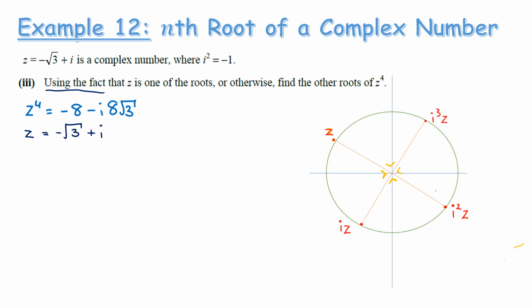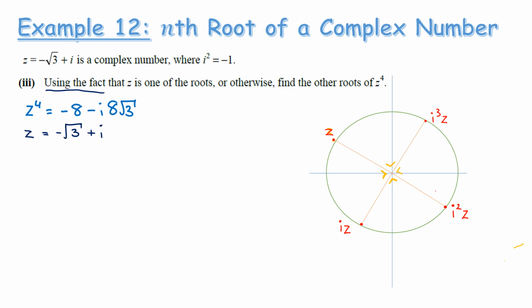So effectively we end up creating a circle that has a radius equal in length to the modulus of z, and where all of these roots are equally spaced throughout the circle. That will always be true. The roots will always be equally spaced around the circle, but because it is 4 roots, they're going to be equally spaced at 90 degree angles, and we can use that idea of i. Multiplying by i gives us a rotation anti-clockwise.